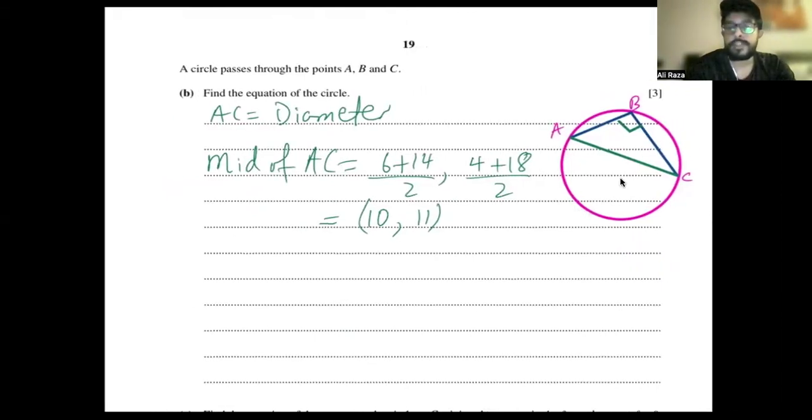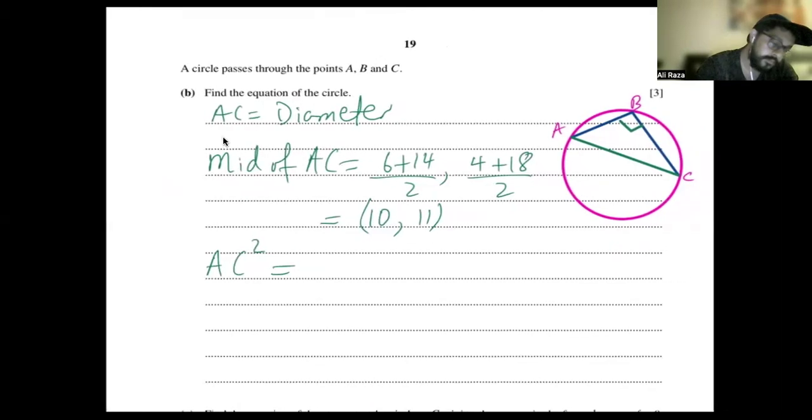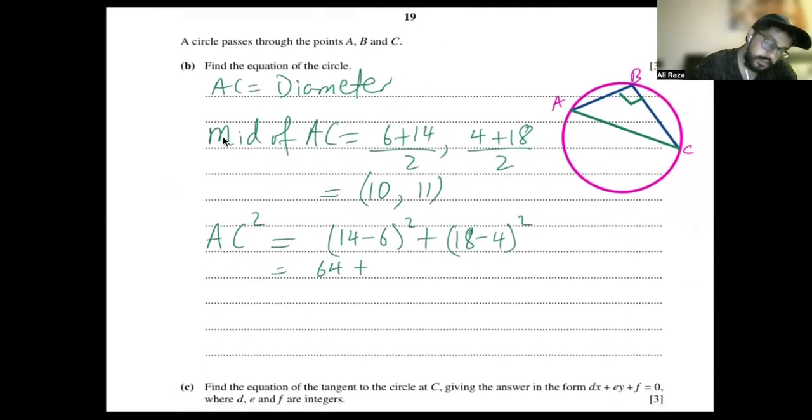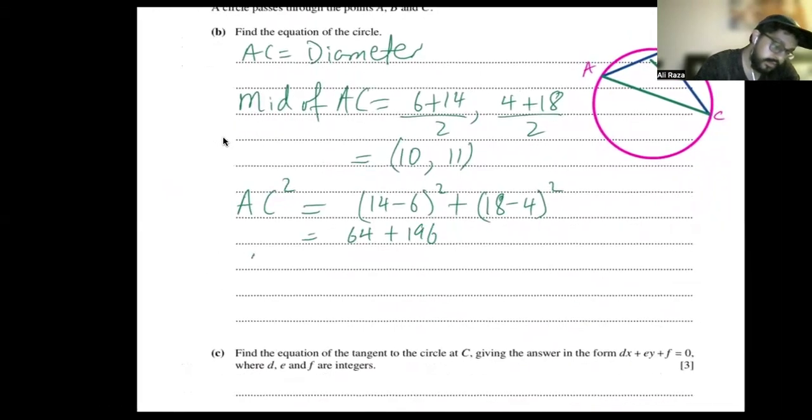And the radius would be half of the length AC. AC square is equal to 14 minus 6 whole square plus 18 minus 4 whole square, which is 64 plus 196. AC square is equal to 260.